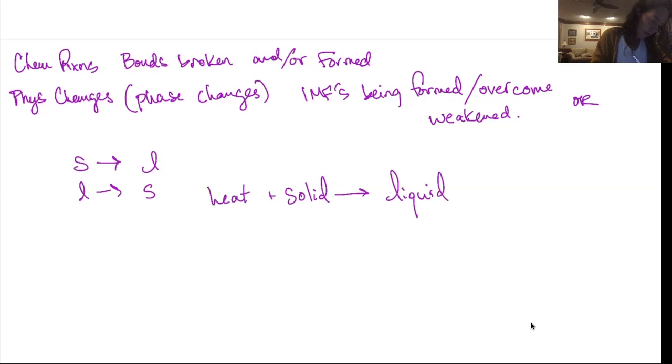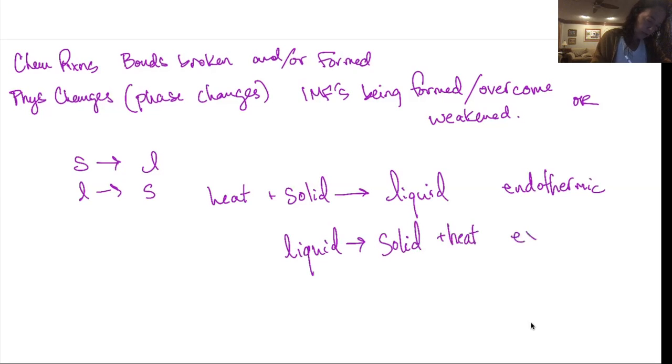So that is an endothermic process. Heat is added, okay? If I want to take the liquid to the solid, I must remove the heat. So that is an exothermic process. And you should be able to figure it out for the rest of the phase changes.